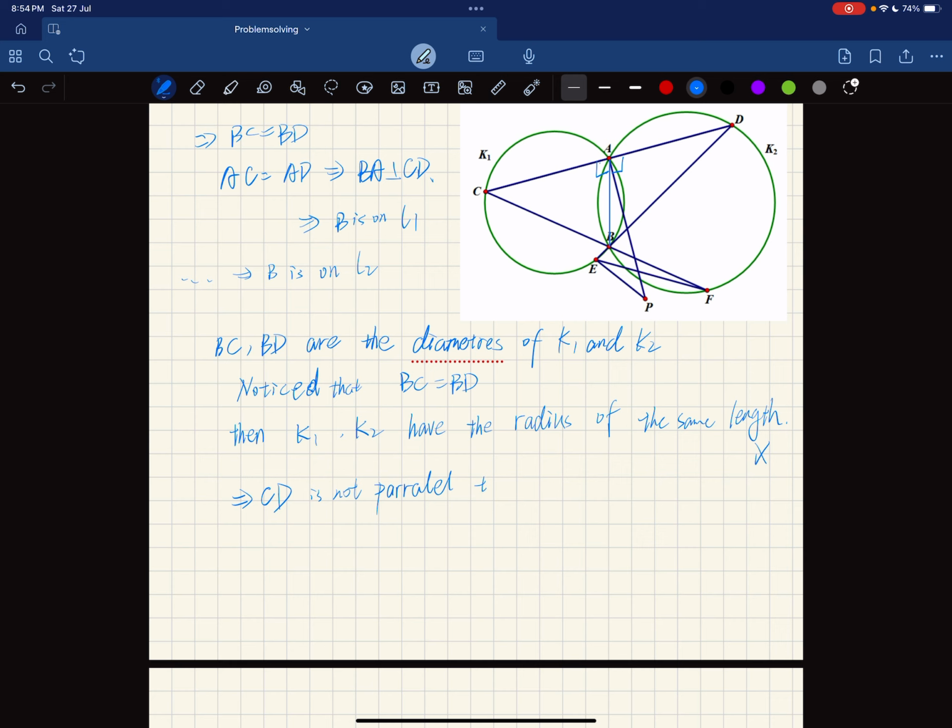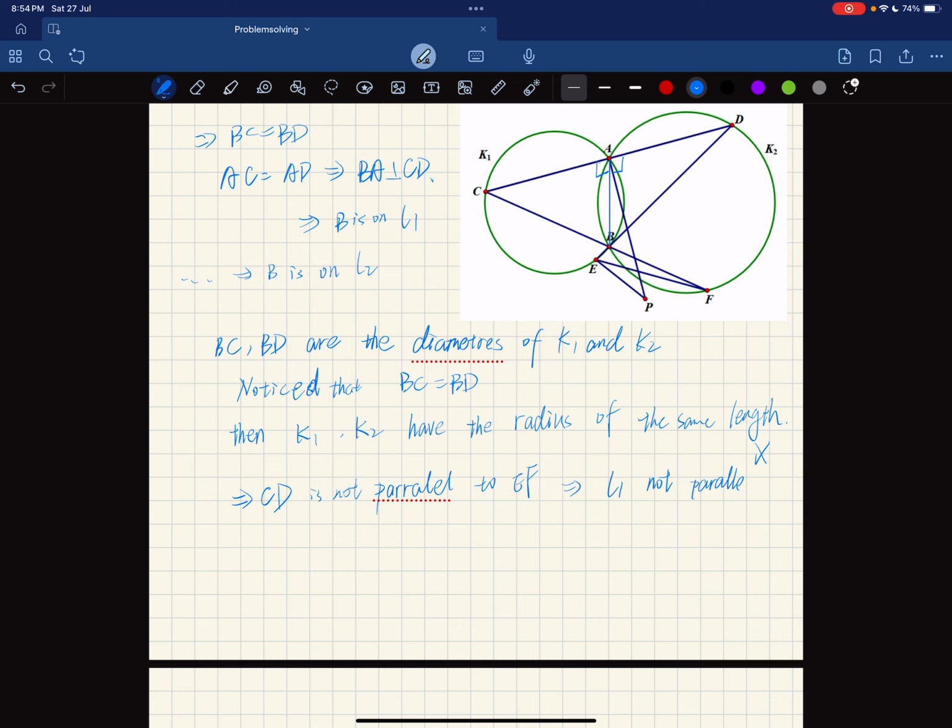Parallel to EF. And that makes L1 is not parallel. Oh, sorry.